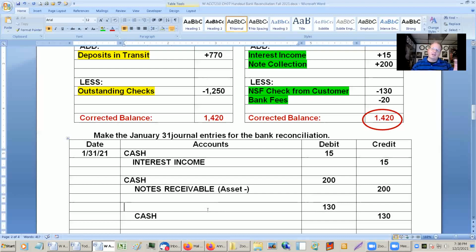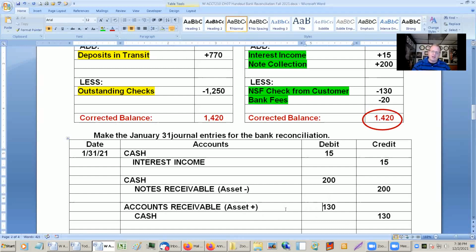It's receivable. Good, accounts receivable. So accounts receivable, that is an asset going up. So we're not going to forget about it.